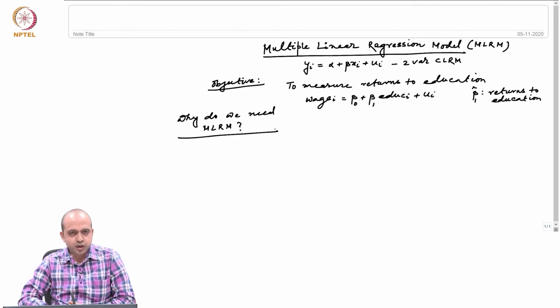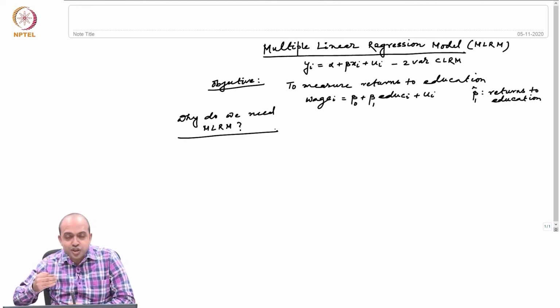That is why it is only due to a variation in education that we observe the variation in individuals' wage. But in reality, individuals are heterogeneous not only in terms of their education, but also many other factors. For example, their ability or skill, their age, their experience, and so on and so forth.